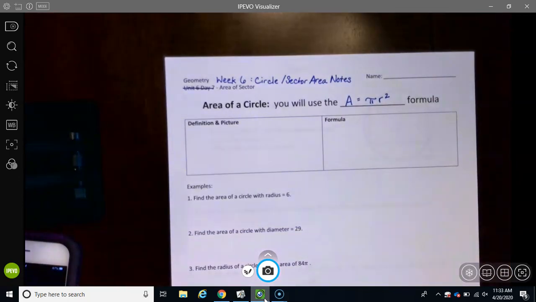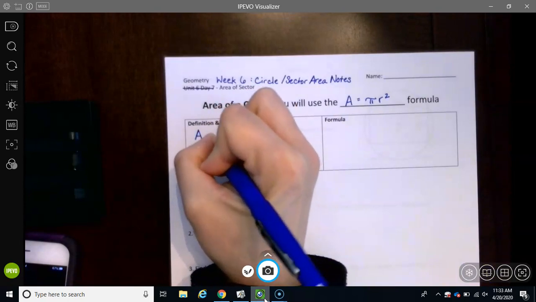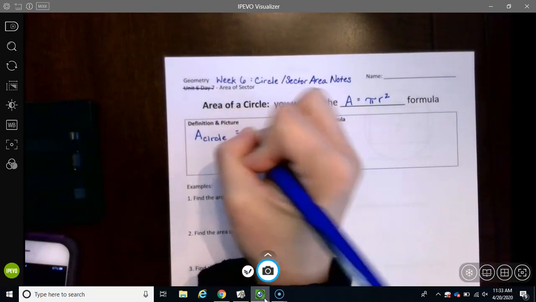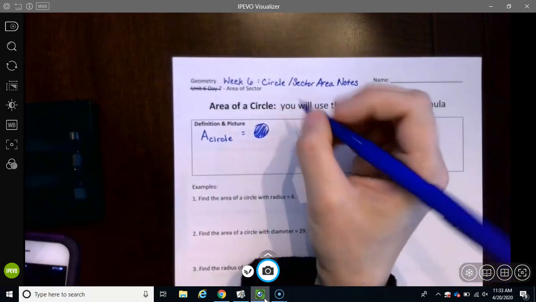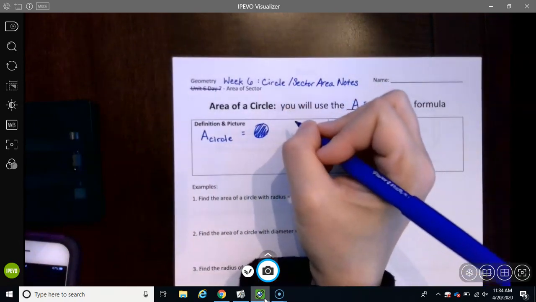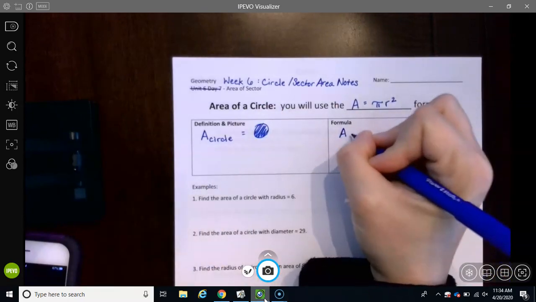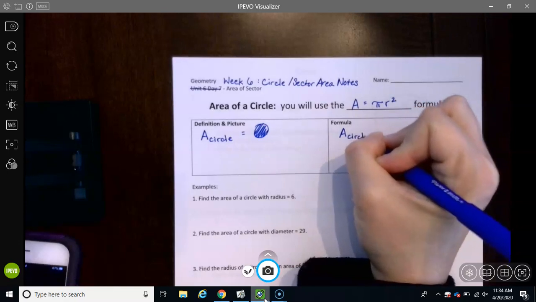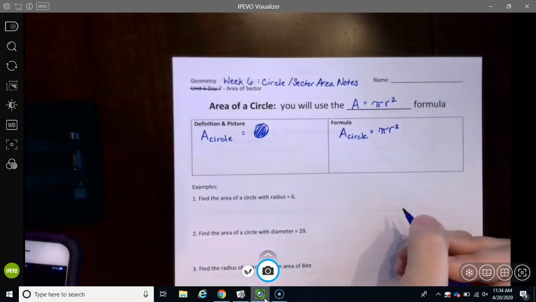And the definition in a picture, area of a circle, we're talking about the whole circle. This is the area, and the formula for that is pi r squared. I'm just looking off old notes, and there was some stuff I need to fix on it.